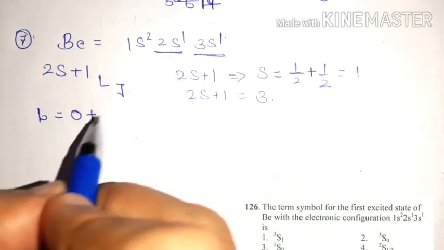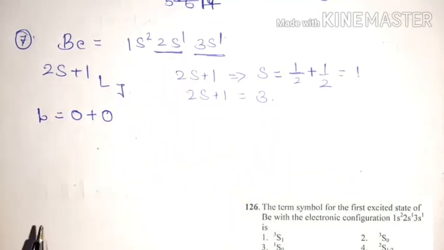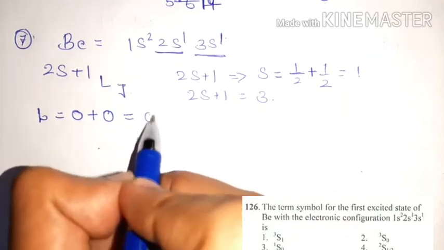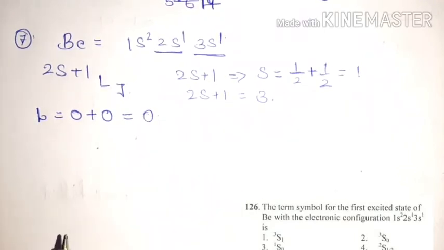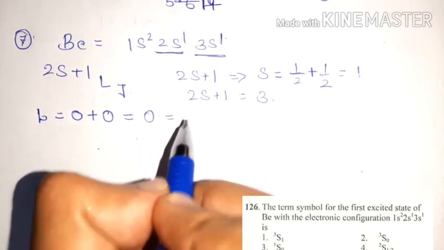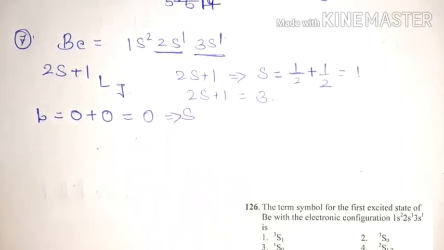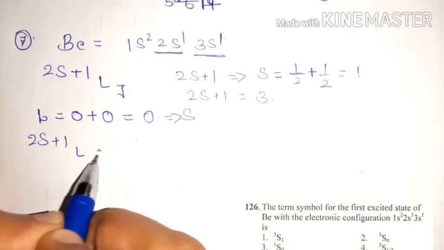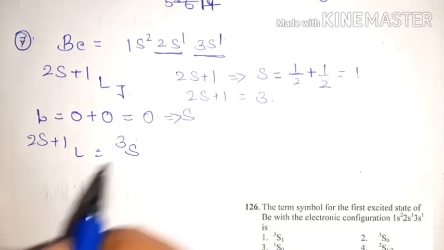The value for 2s is 0 and 3s is 0, because both are s orbitals, so 0 plus 0. So the value of L is 0, and you know very well, for L equal to 0, the symbol is S. Okay, so we have 2S plus 1 L equal to 3S.